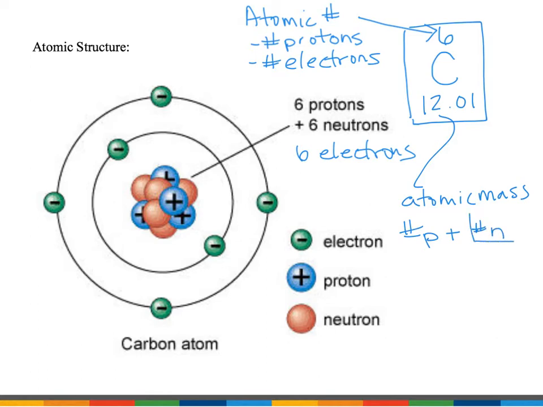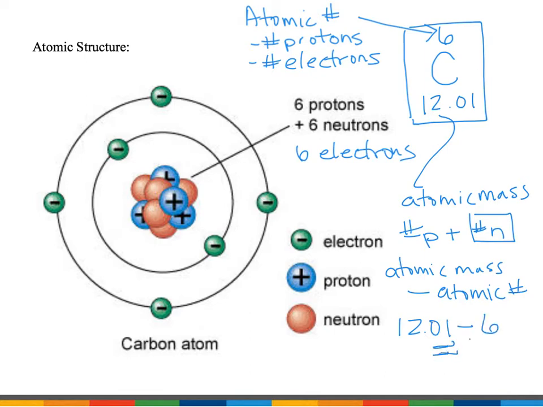So to find out how many neutrons an atom has, you want to take the atomic mass and subtract the atomic number. So in carbon's case, the atomic mass is 12.01, and we'll subtract 6, and that gives us approximately 6 neutrons.